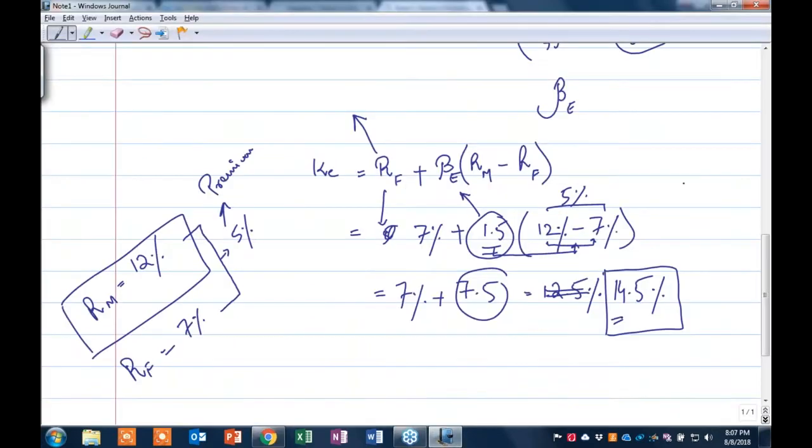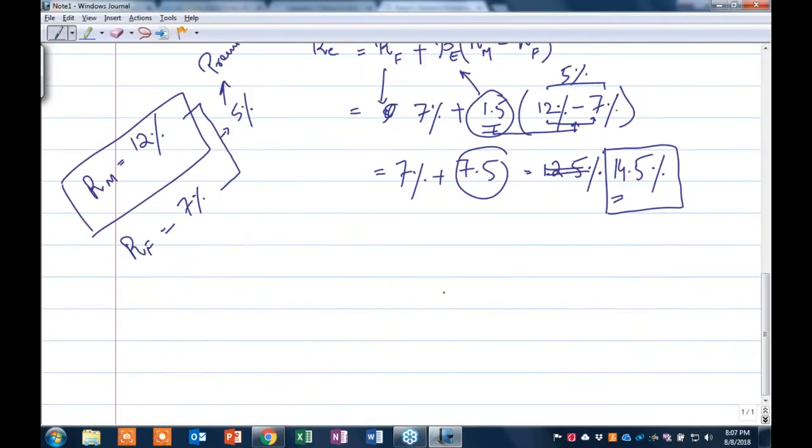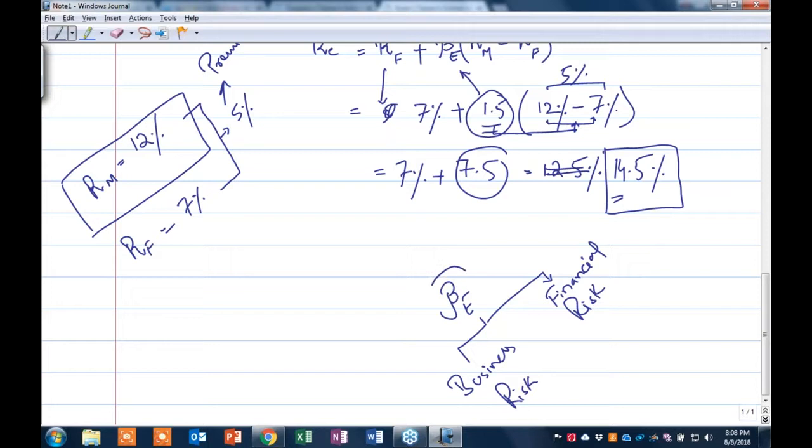Now remember, the equity beta of any company shows two types of risks. One is the financial risk, and the other is called business risk. So the equity beta of any company will be showing both types of risks.